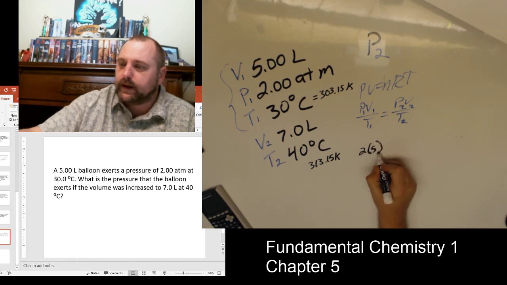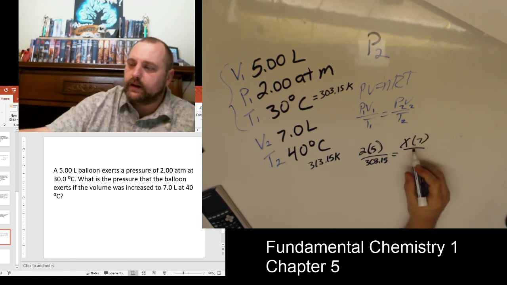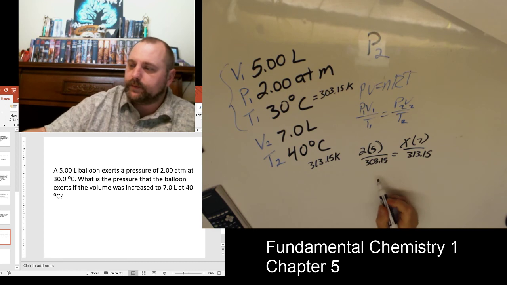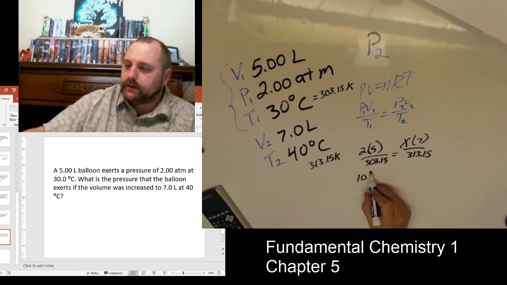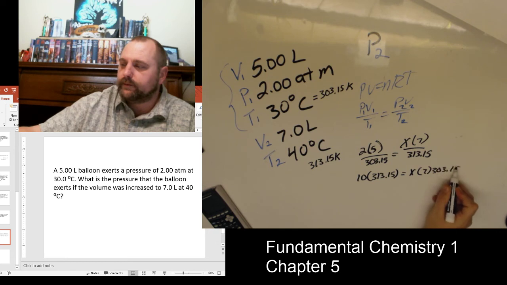2 times 5 over 303.15 equals, I'm going to put my X, my volume 2 was 7, and then I've got T2 is 313.15. Cross multiply, so 10 times 313.15 equals X times 7 times 303.15.